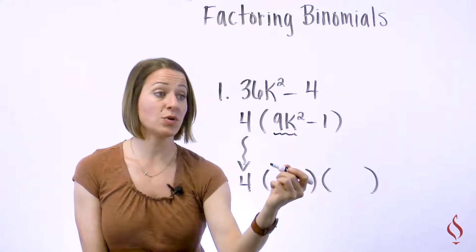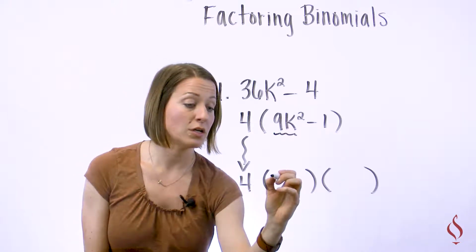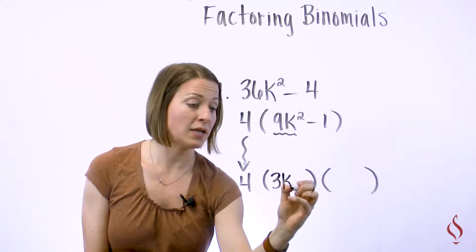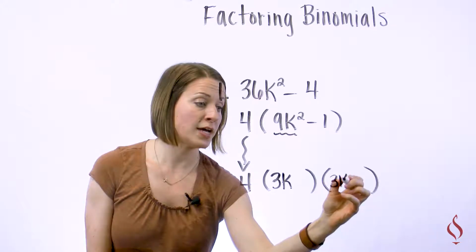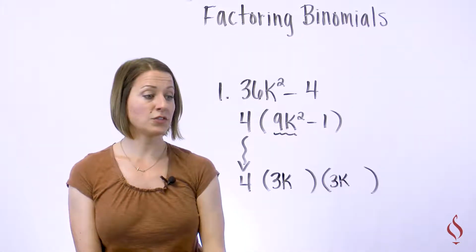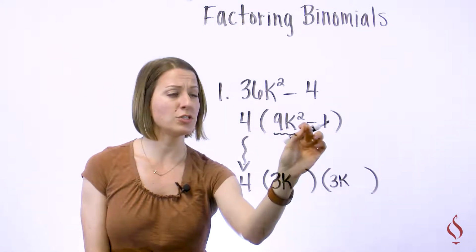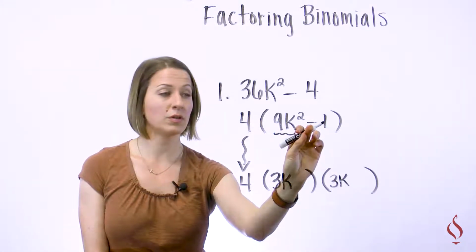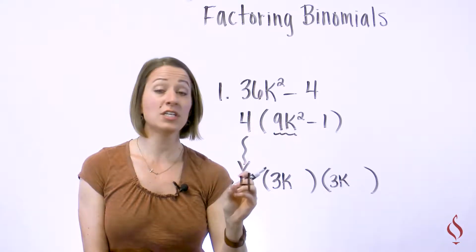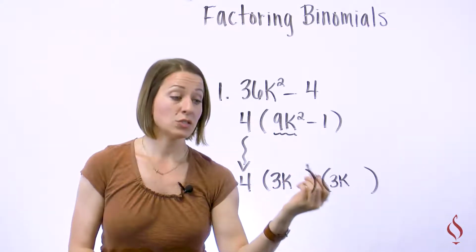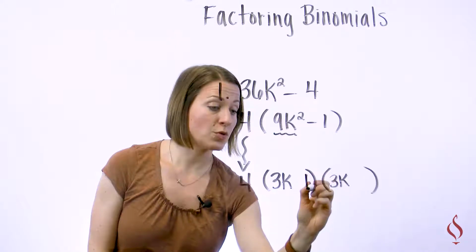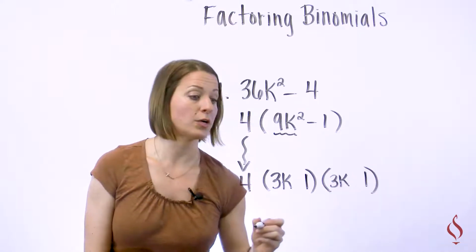If you take the square root of 9k squared, you get 3k, so write that as the first term in the parentheses. Next, ignore the negative sign right now. The square root of 1 is 1, so we're going to put a 1 here and a 1 here.